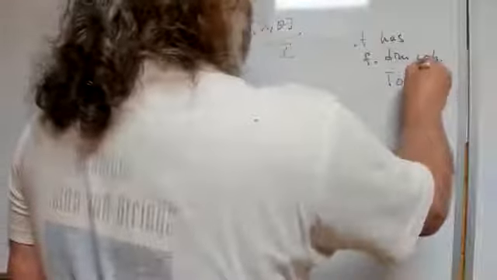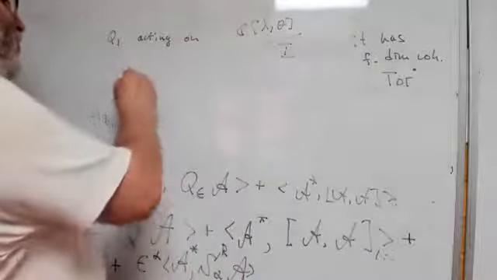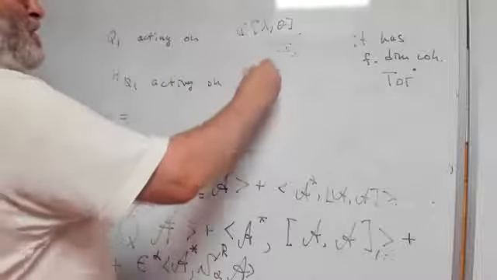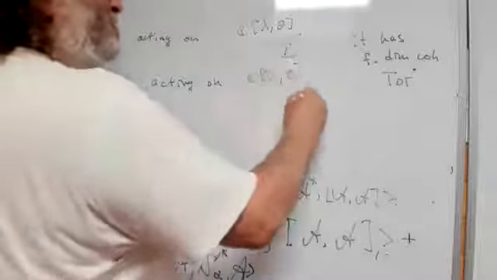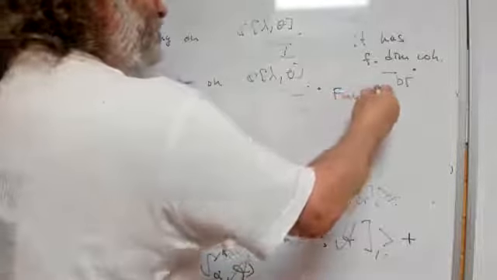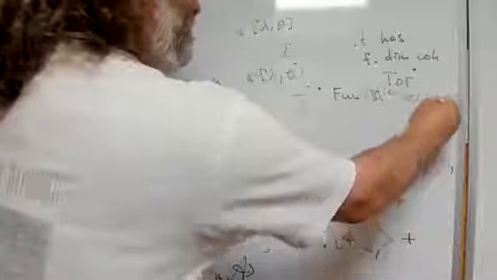That is, of course, Tor. But the cohomology of Q1 acting on C lambda theta I, functions on R10 times Li, what is it?